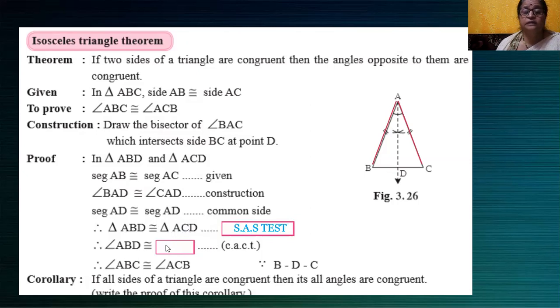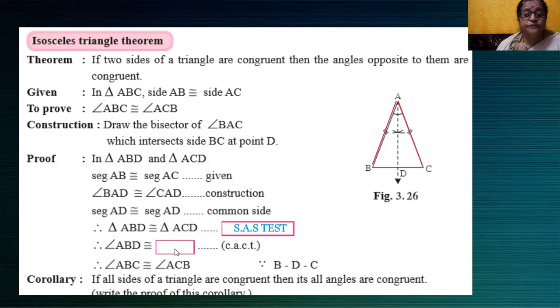For angle ABD, the congruent angle is angle ACD, by the CACT test, corresponding angles of congruent triangles.